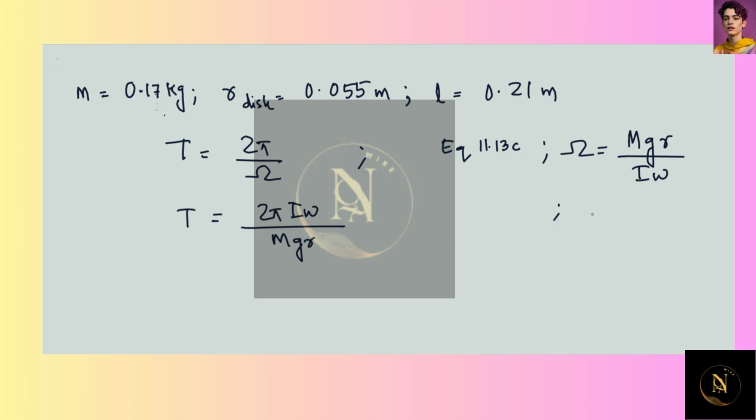And since the gyroscope has a disc shape, I will be equal to half times mass times the radius of the disc squared. Now r of the axle is equal to half of the length of the axle.